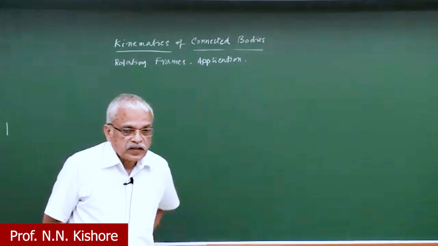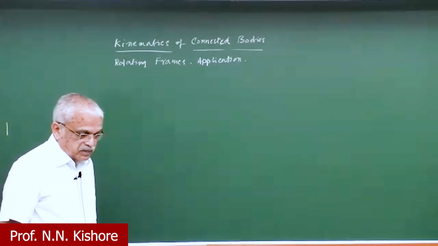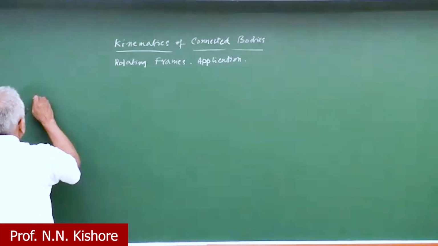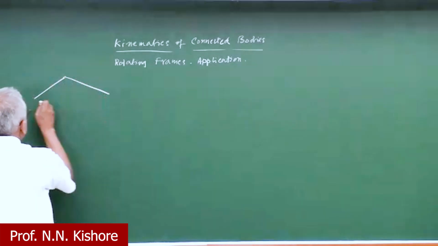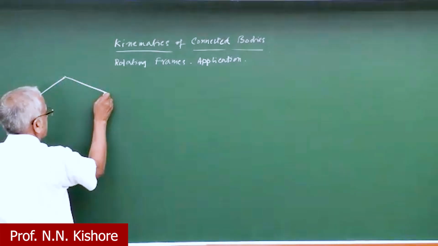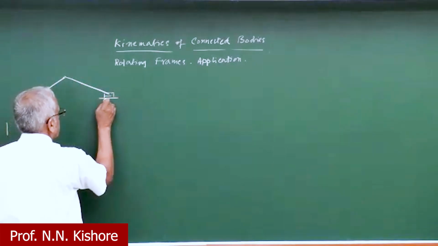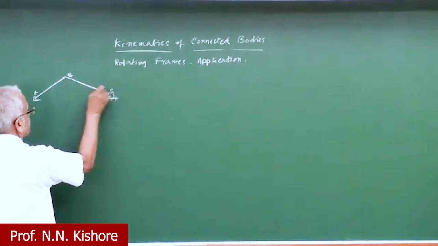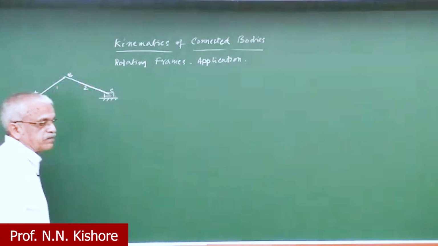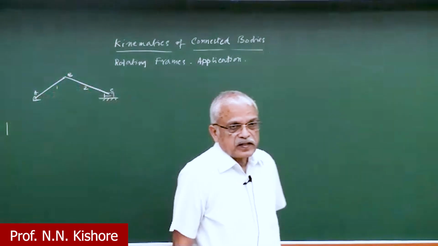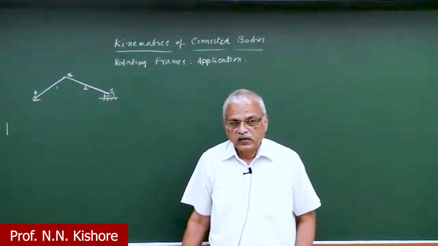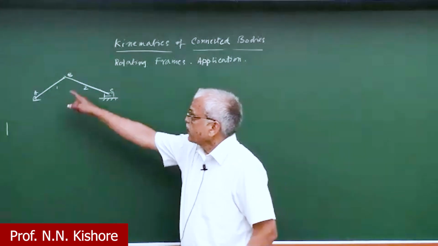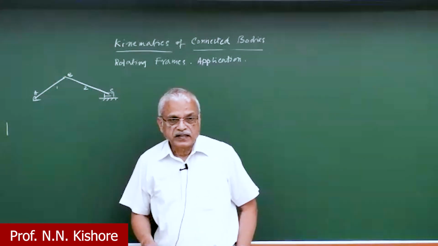Yeah, so we are looking at another type of connection. And all along we have been seeing this kind of setup where we have a number of bodies. And here there are two bodies, 1 and 2, the links, and they are connected at B by a hinge.